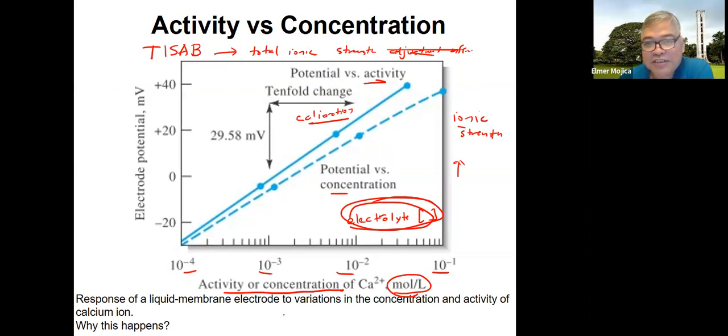You're familiar with standard addition? You just spike or add a known concentration of the analyte to the solution and then look at the concentration that they have.